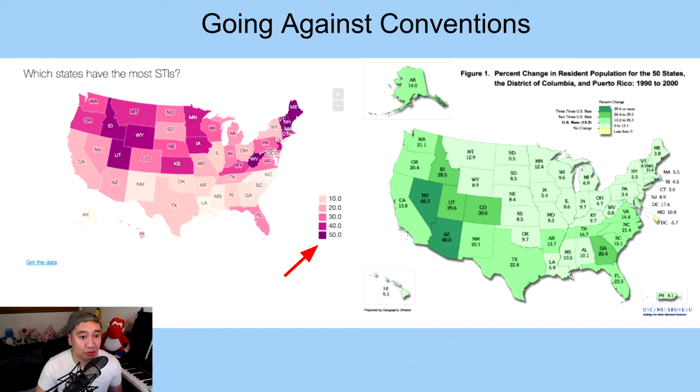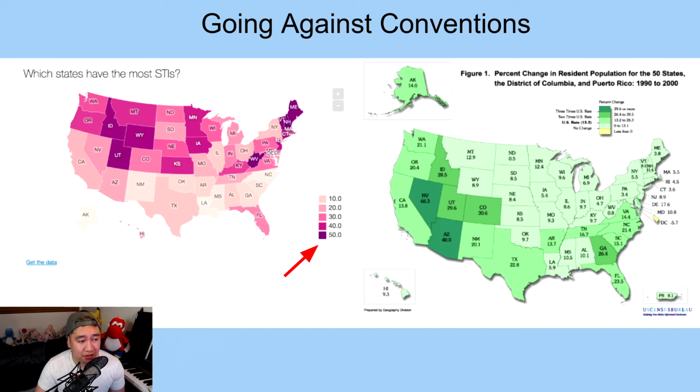So if someone were to look at the left graph before reading into or knowing the full information, they'd say, oh hey, Idaho and Utah have the most STIs, man, I don't want to live there. When in fact those are actually the places with the least STIs and the safest to live. So the correct way to do it is to follow convention, like the right graph.